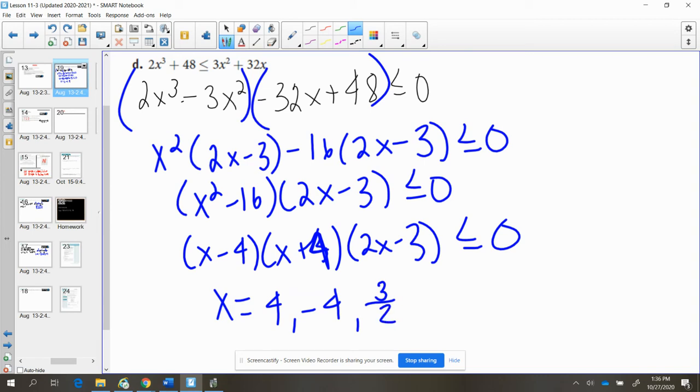Okay, so I'm going to plot these on the number line. We have negative 4, 3/2 is 1.5, and positive 4. And this time we are including these zeros, so they're going to get filled in.